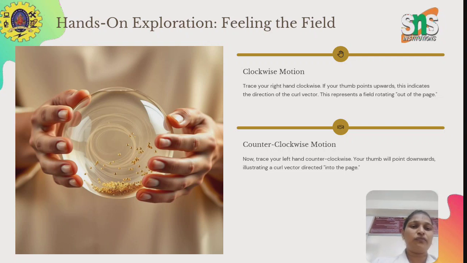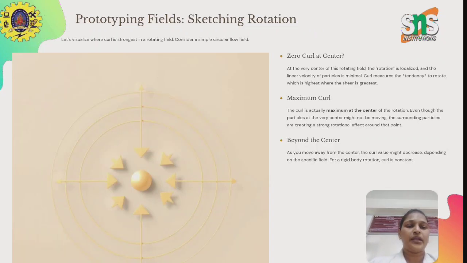So the direction of rotation or the motion of the curl will be in the opposite direction, which shows that it is rotating inwards. Using this hands-on experience, you can easily teach students what a curl is, how it rotates, and how it swirls.